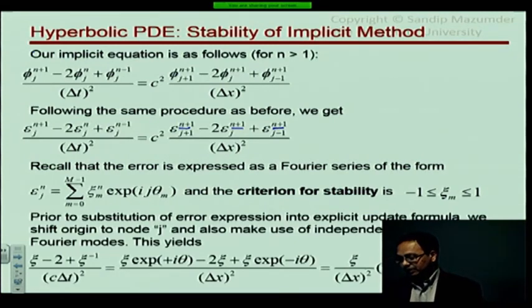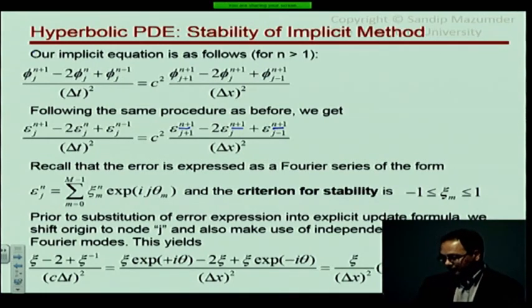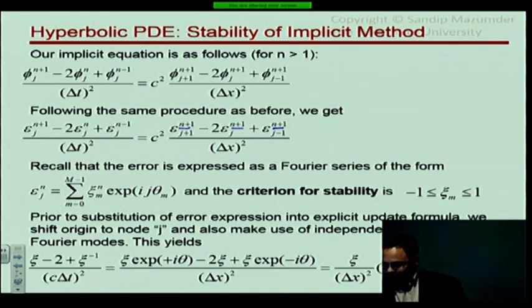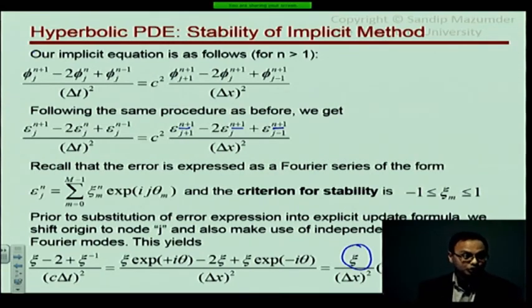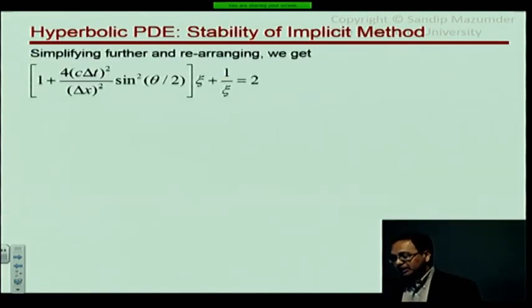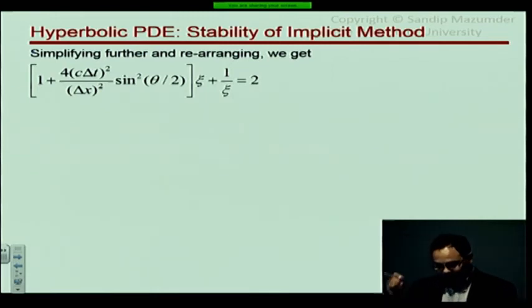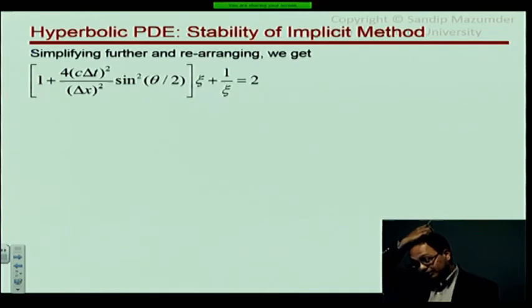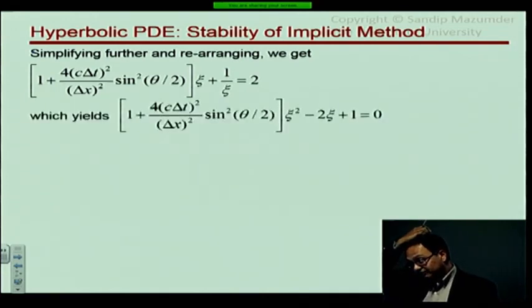We plug in our Fourier decomposition, very similar to your explicit formulation, except this xi appears here, which did not show up in the explicit method. The left-hand side here is identical in both methods. So we rearrange again using our trig identity of cosine theta minus 1 is 2 sine squared theta over 2. Simplify, rearrange, and so we get this equation now.